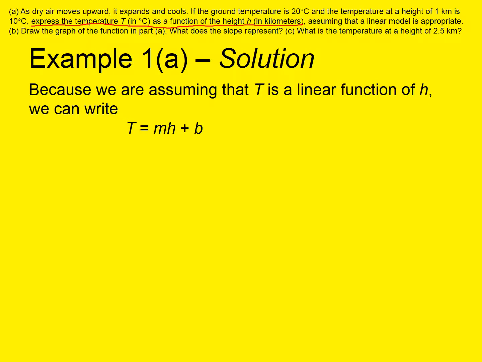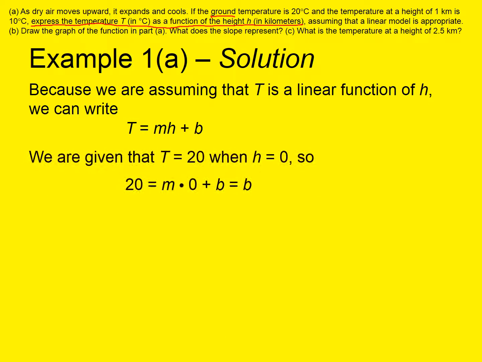Now they say the problem talks about the ground. Okay, the ground temperature is 20 degrees Celsius. Well, ground, what does that mean in the mathematical model? Well, h is 0. Okay, the height is 0 on the ground. And they say when that's the case, temperature is 20.